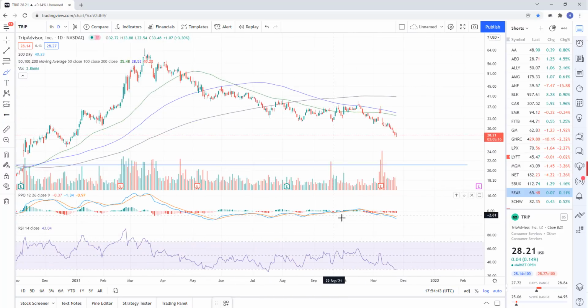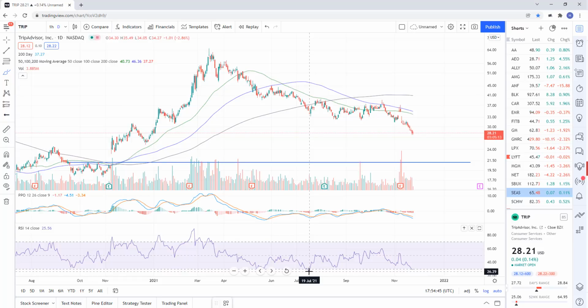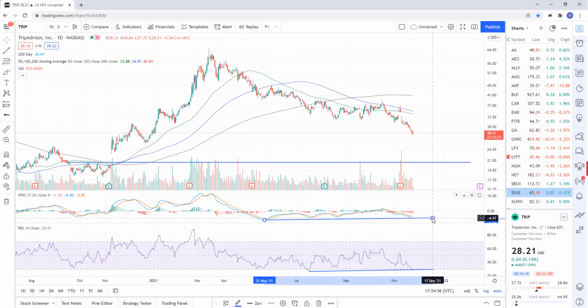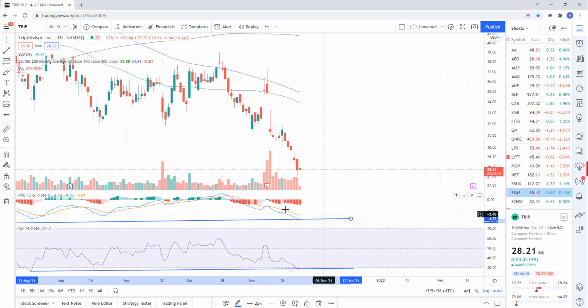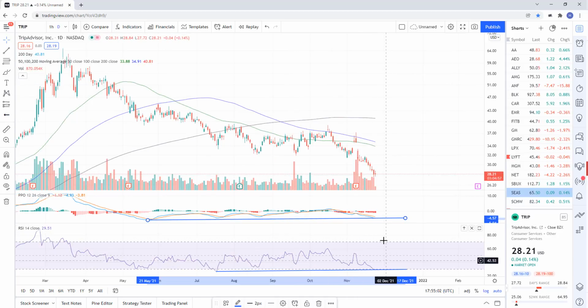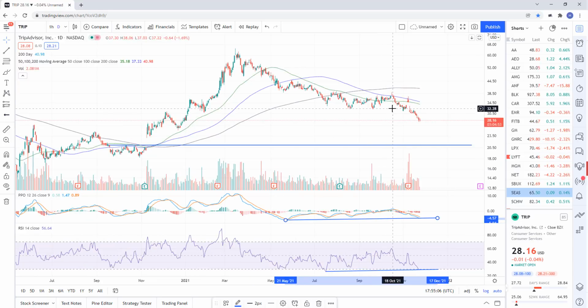We do not really have any bullish divergence on the RSI. Well, we have some. It's there. It's not confirmed. So there's a little bit of bullish divergence on the RSI and slightly there on the PPO. But again, these are pointed straight down, most of them. So any a little bit lower, and we'll just burn through that divergence. So that's what I'd be looking for, levels to watch.